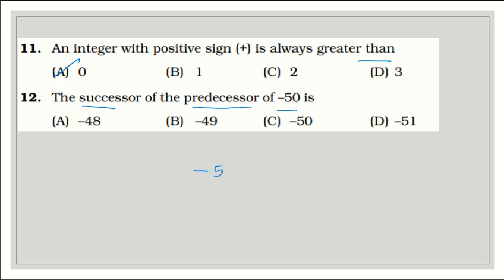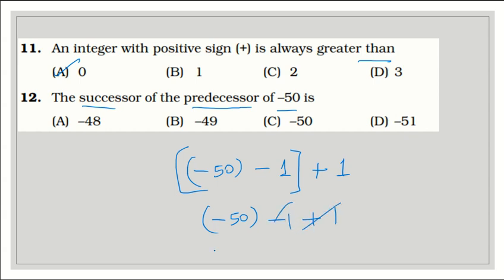If you want to find the predecessor of minus 50, you have to subtract 1 from it, and he is asking for the successor, that means adding 1 again. Here minus 50, subtracting 1 and adding 1 is the same as the number being undisturbed. So the right answer is C.